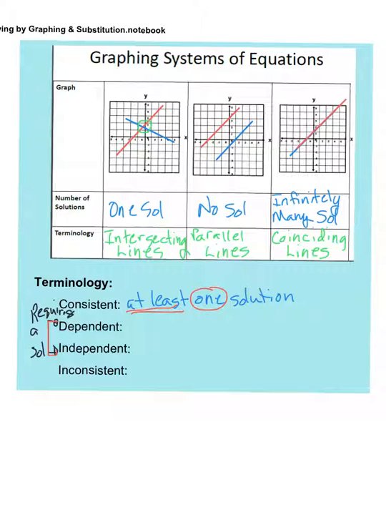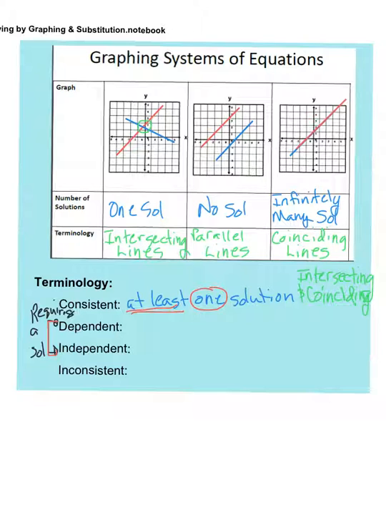So the lines that meet that standard would be intersecting lines and then coinciding. Both intersecting and coinciding lines have at least one solution. Intersecting has one, coinciding infinitely many.